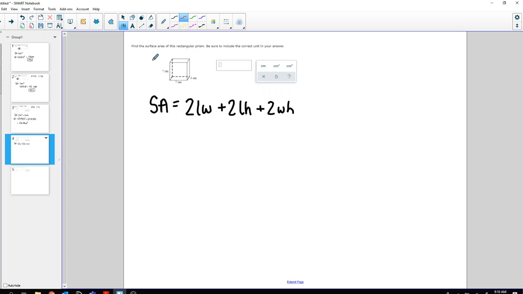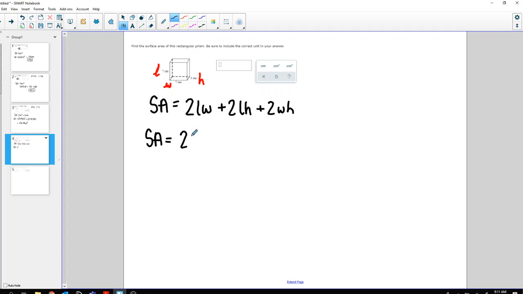It doesn't really matter which one of these is the length, the width, and the height, as long as we can keep it straight. So if I do this one as my length, and that can be my width and my height, I can start plugging those into my surface area formula.